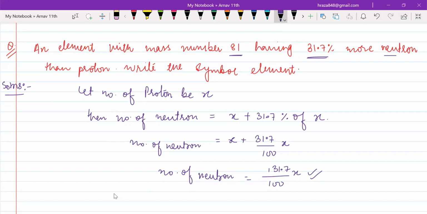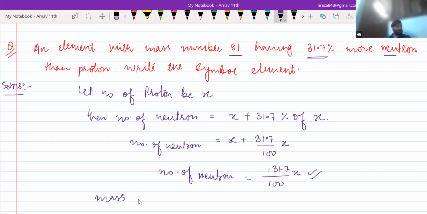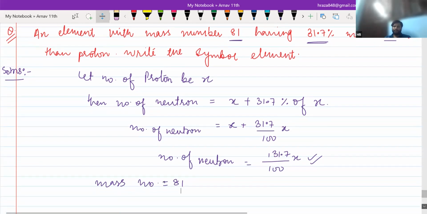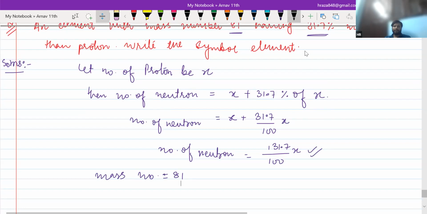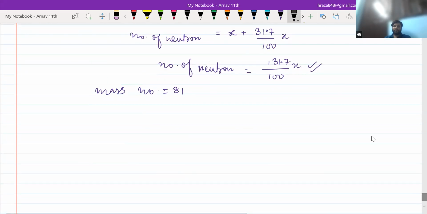Yes, sir. Now you also know that the mass number is given as 81, and you know the formula from chemistry: A is equal to n plus p. You already know about it. And what is A? That is the mass number, 81.